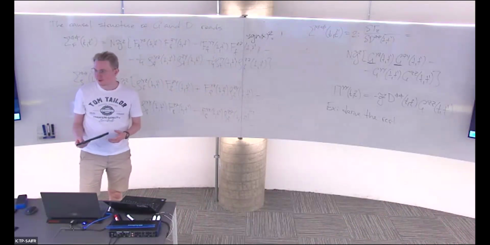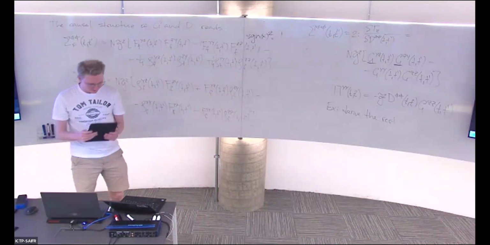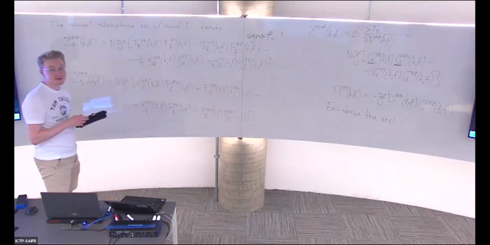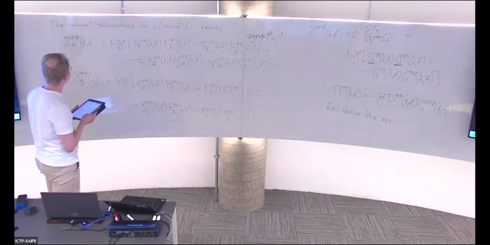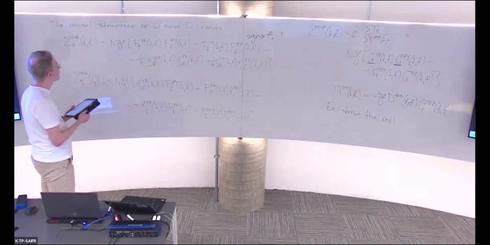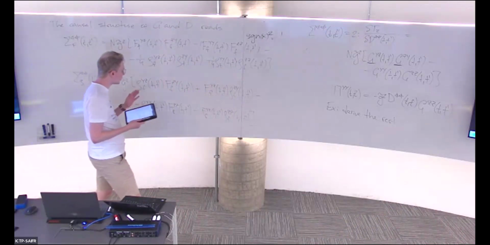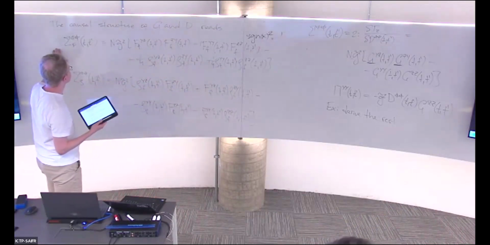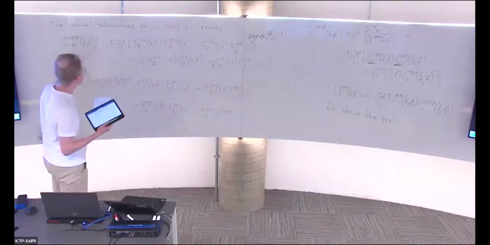All right. So I think we can start, right? It's the final hour. So now, to recap, we have derived a set of equations that govern the dynamics of our two-point functions and the one-point functions.